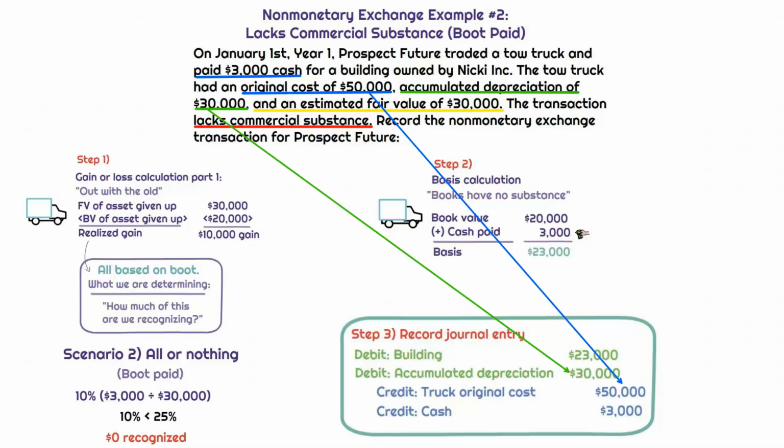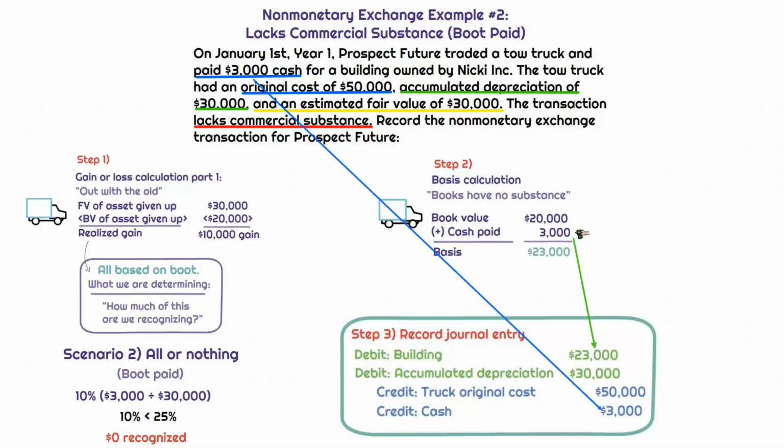So the credit is to the truck for $50,000. Again, reversing the accumulated depreciation by debiting it for $30,000. Do we have any gains or losses? No, we do not. Nothing is getting recognized today. So the only thing left is the cash that is paid to offset this $3,000 that is getting lumped into the basis for the building. So we're also going to credit cash for $3,000.